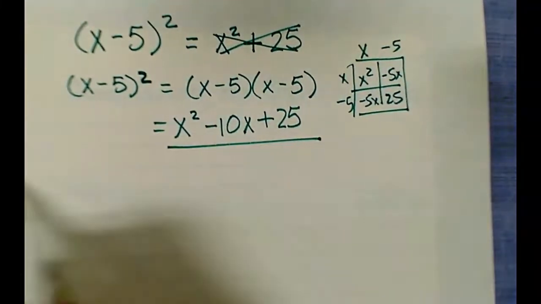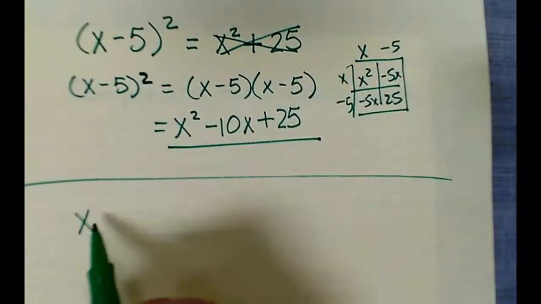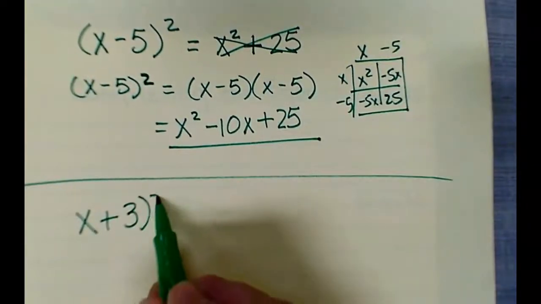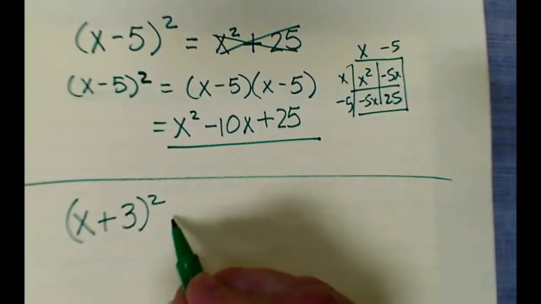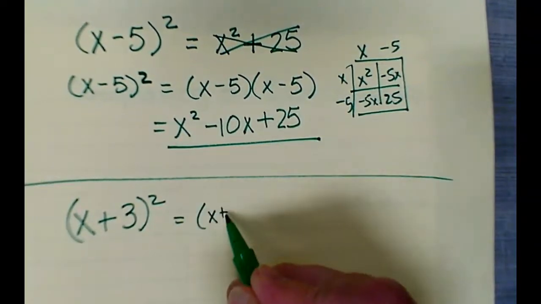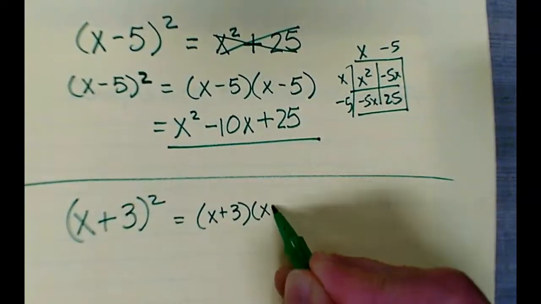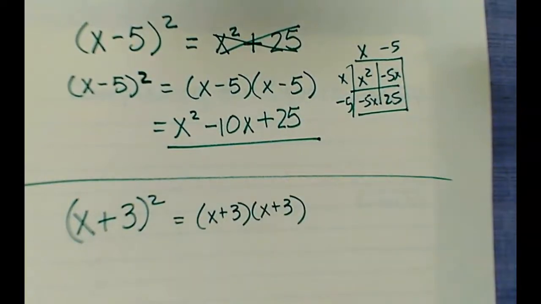Let's do another example of that. (x + 3) squared. That is not equal to x squared plus 9. That is equal to x plus 3 times another x plus 3.